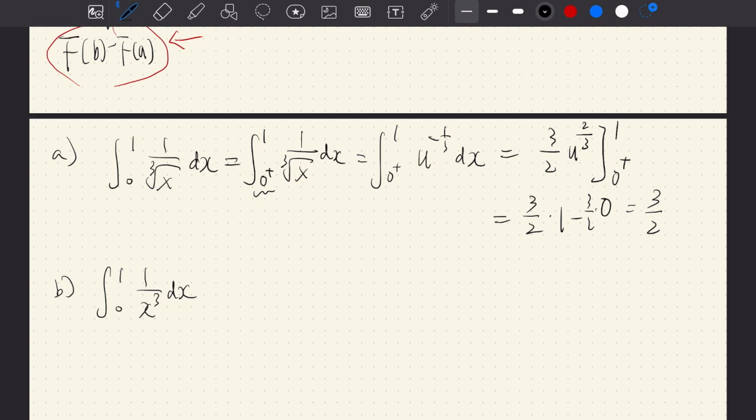So to remind us that after this, when we're trying to evaluate the value of the antiderivative, we have to take limits, we can write this integral as something like this.